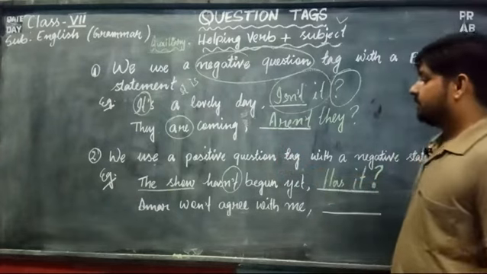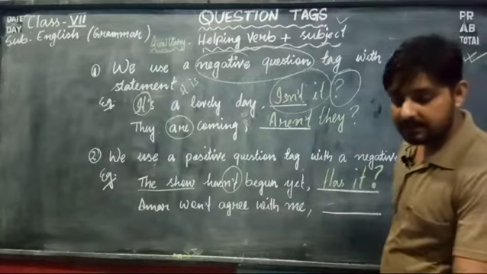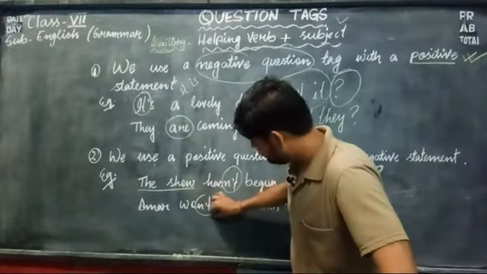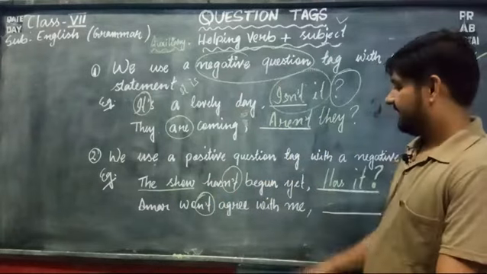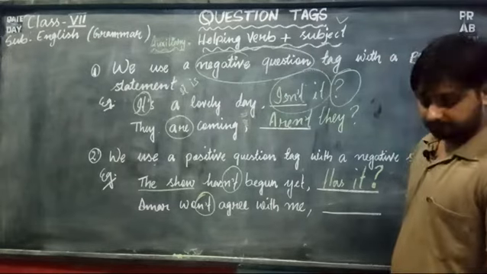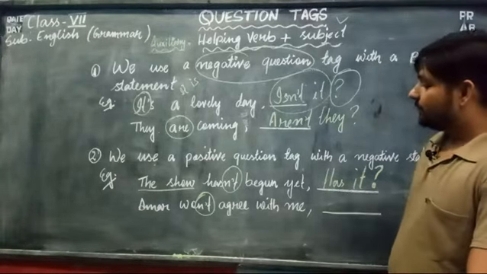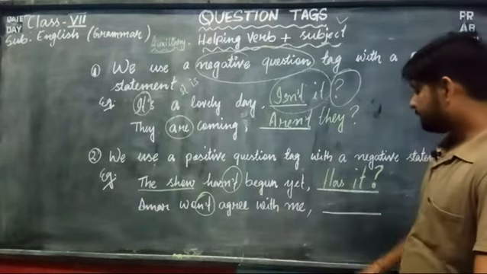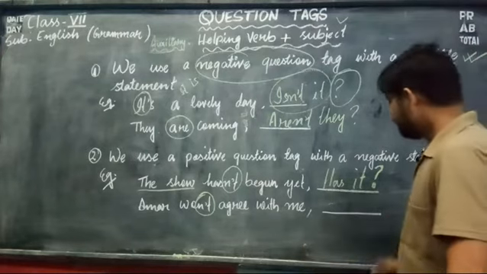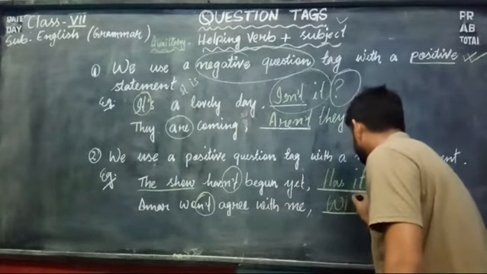Again, another example. Amar won't agree with me. Here you see, won't means negative. This is a negative statement. So here again we will use the positive question tag. Won't is a helping verb. So what will we write here? For won't, we will write will.